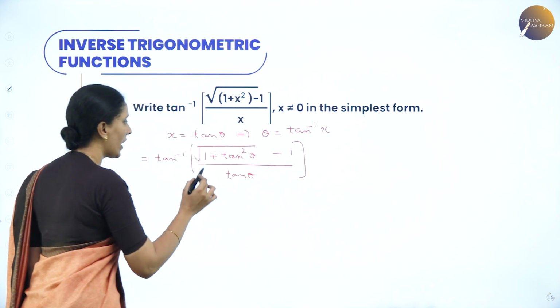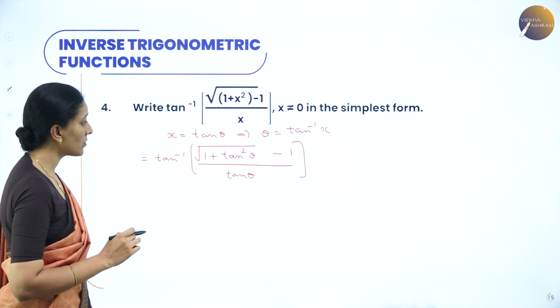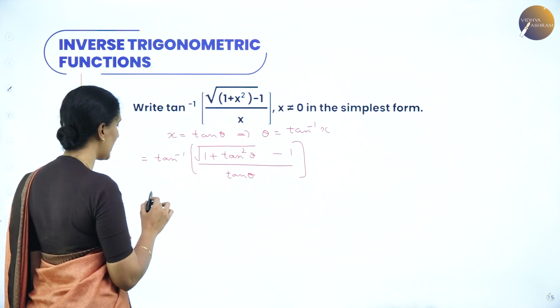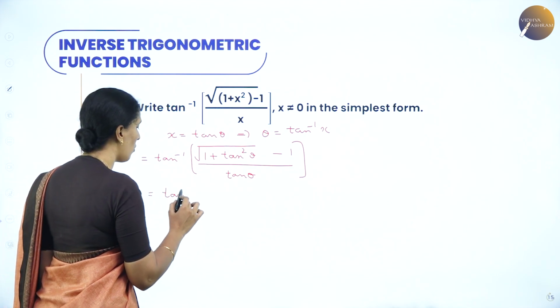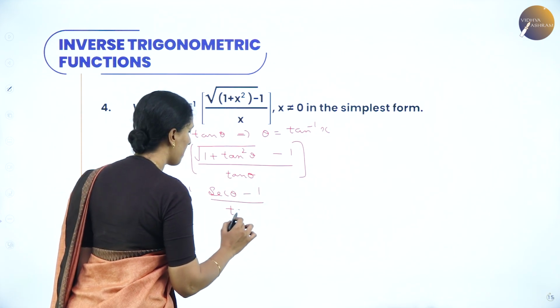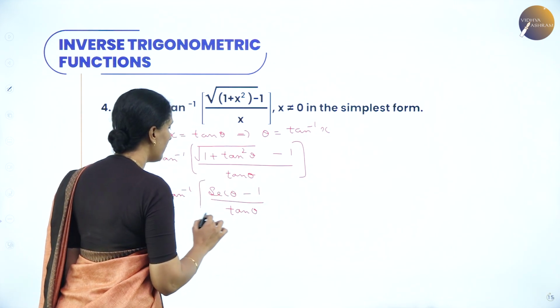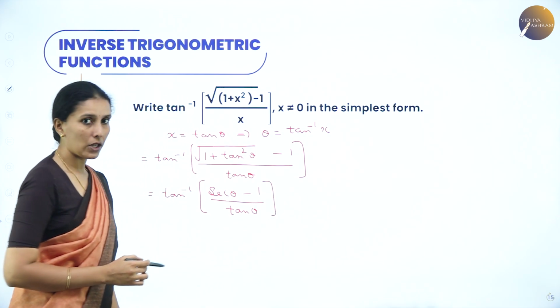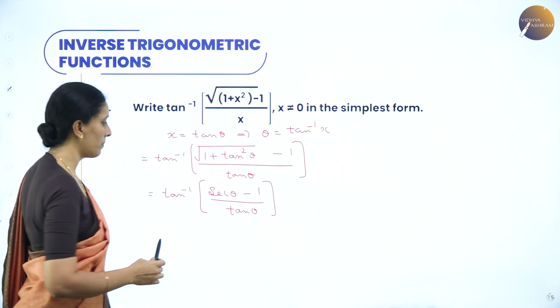1 plus tan square theta is secant square. Secant square under the square root becomes secant. So therefore tan inverse of (secant theta minus 1) by tan theta. So let's convert secant into 1 by cos and tan to sin by cos.